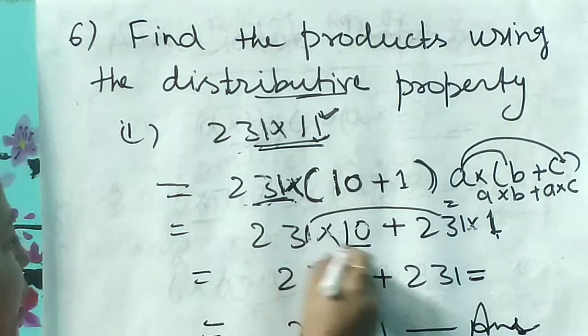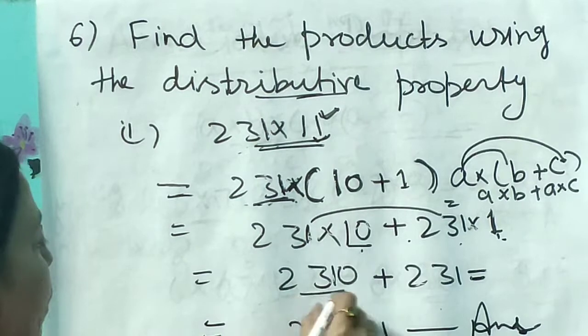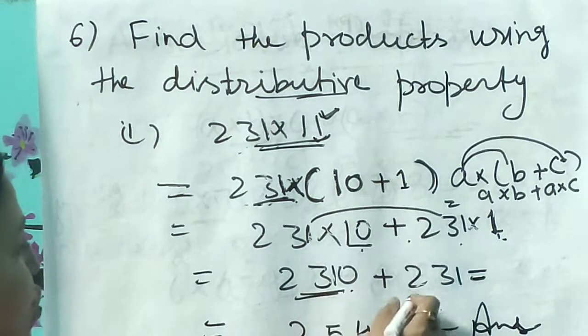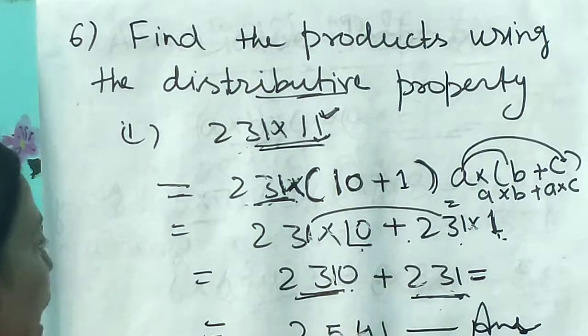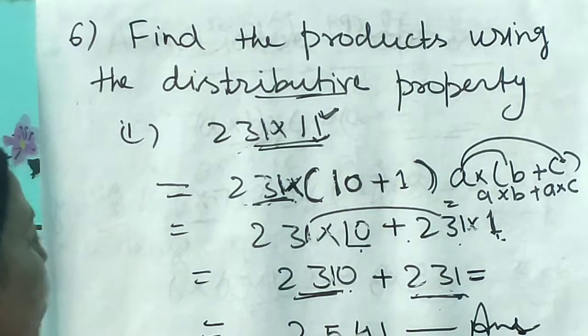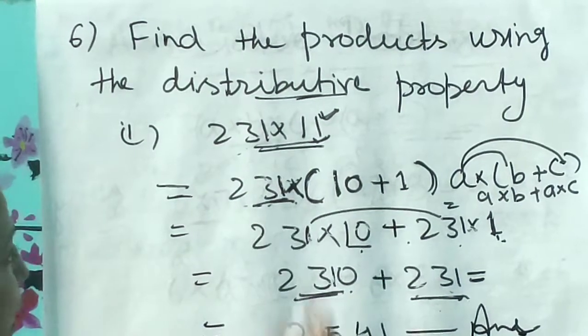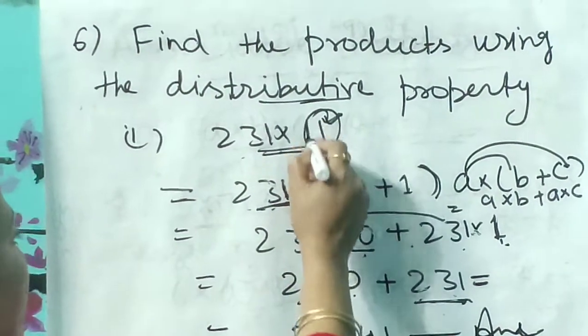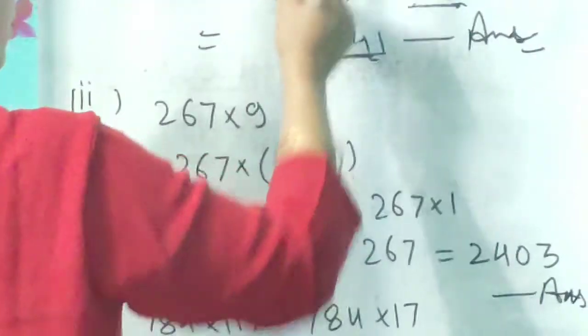So 231 into 10 plus 231 into 1. Now it will give you 2310 plus 231. Now you will add it, then you will get 2541. This is your answer. So using the distributive property, you can break the second number in two parts and that will make the multiplication easier.